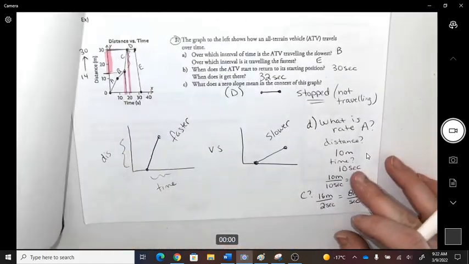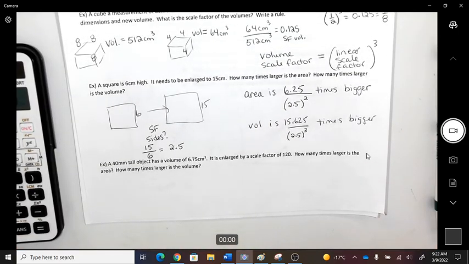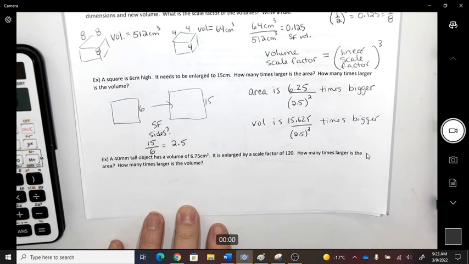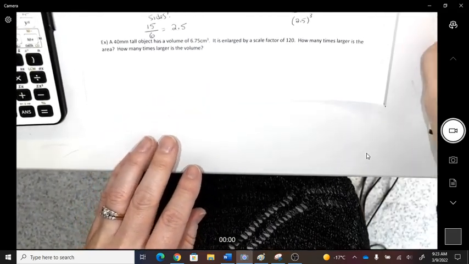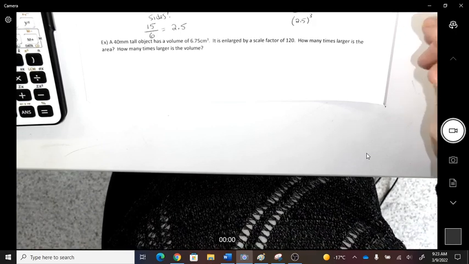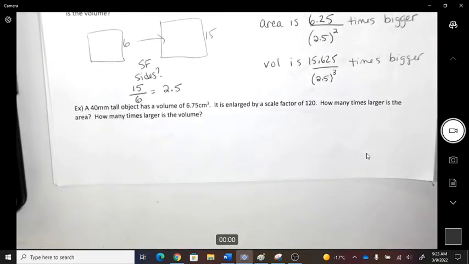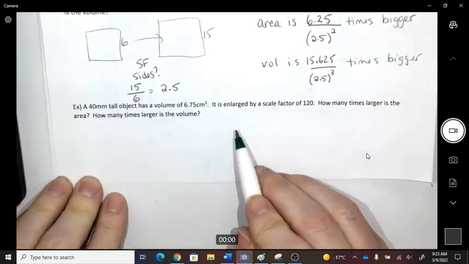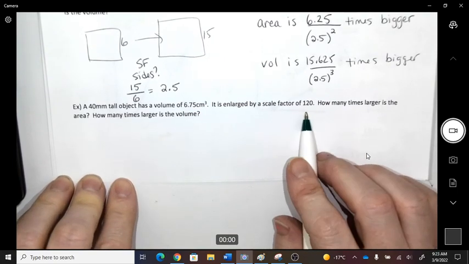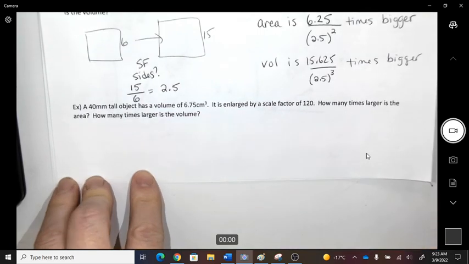Okay, I'm kind of looking at the last example, and it's the exact, oh no, it's not the exact same. Okay, we'll do it. Okay, we have an object with a volume, and then it's enlarged by a scale factor of 120 times.